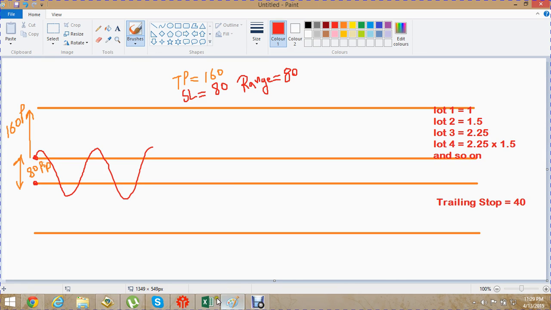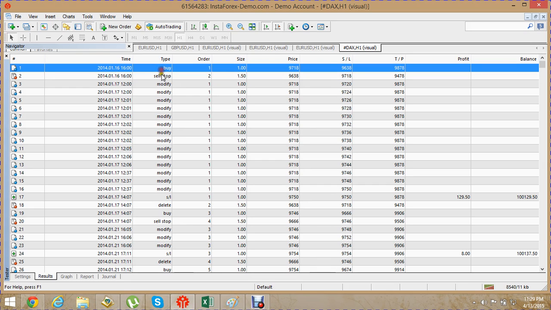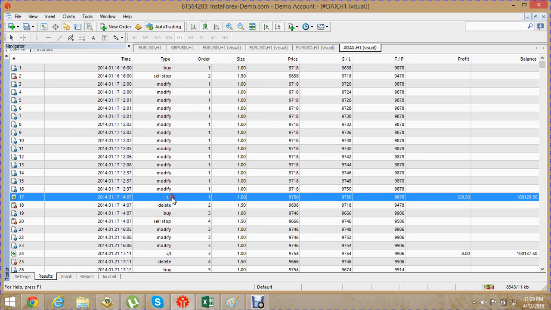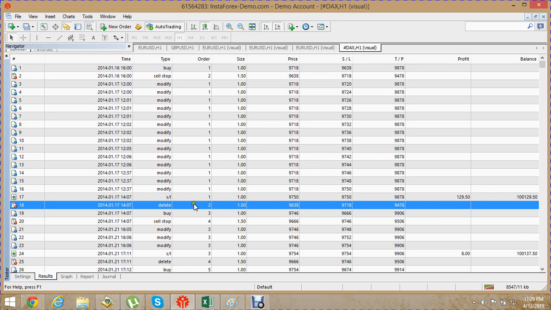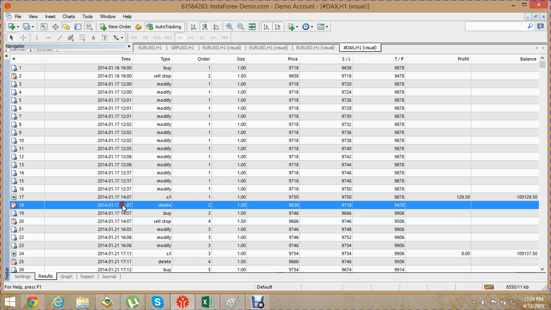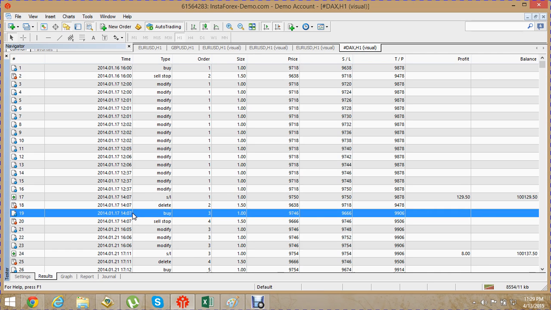So it placed a buy trade and a sell stop trade, then it started trailing my buy trade, and it was closed at 129.50 bucks. Then it deleted the pending trade when my trade hit the SL, that is the trailing stop. When it hits the trailing stop, my EA deletes the pending trade, and it waits for the next signal to arrive to place the next trade.